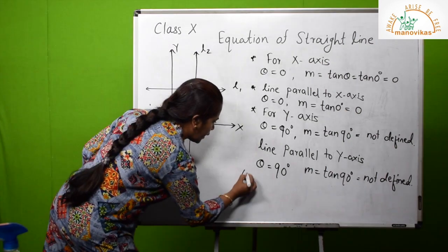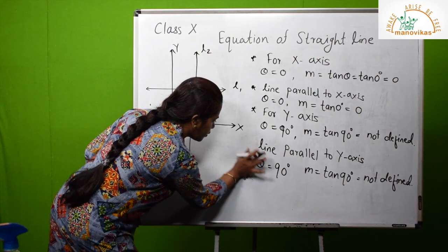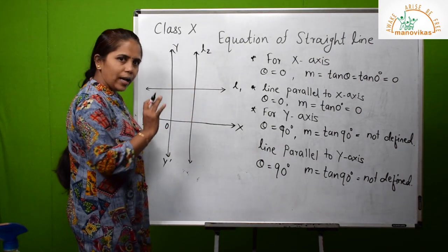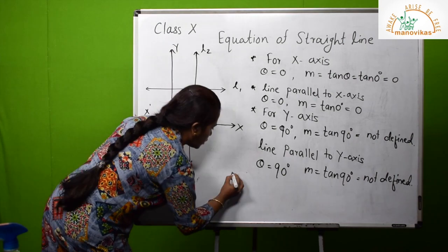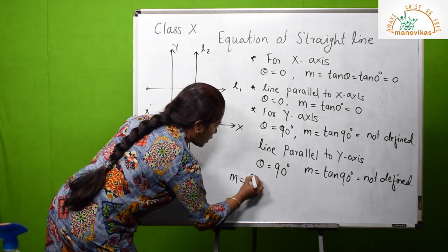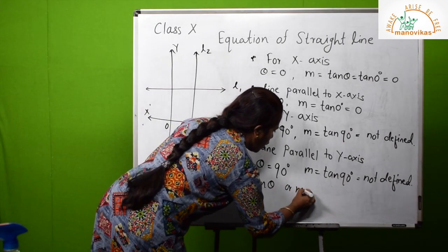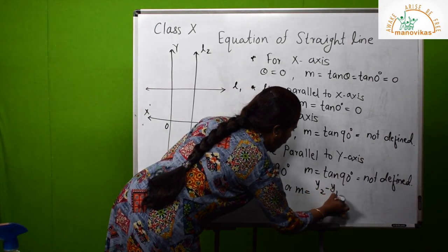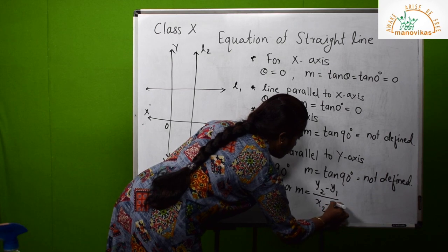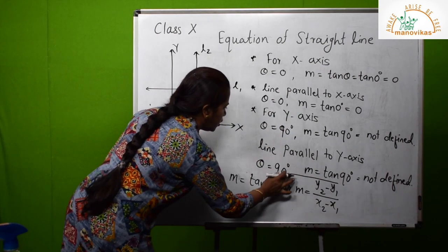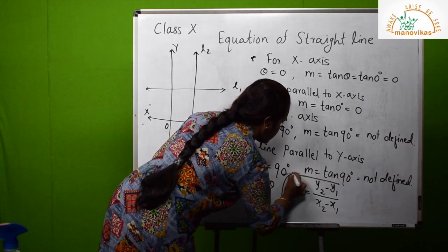For that oblique line, other than horizontal and vertical lines, slope value m is equal to tan theta or m is equal to (y2 minus y1) upon (x2 minus x1). These are the two formulas.